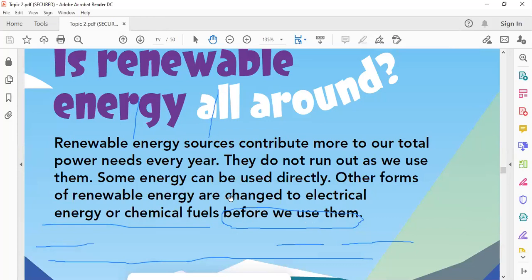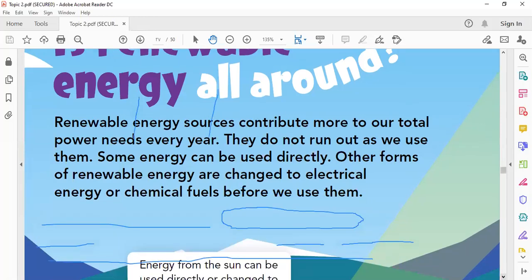So the most important thing you have to know about renewable energy sources is that they do not run out, and for this reason they are called renewable. They are always available, and we have unlimited amounts of them.